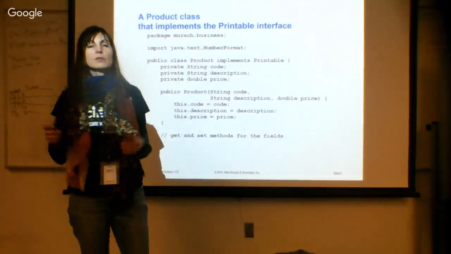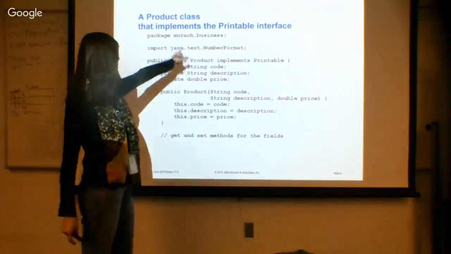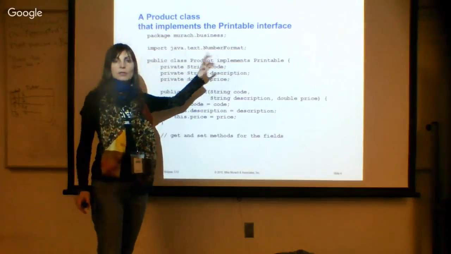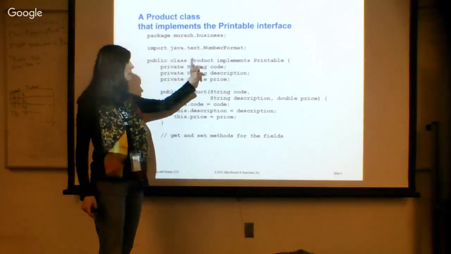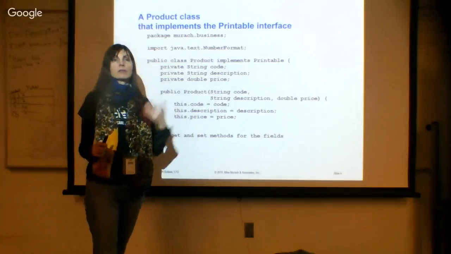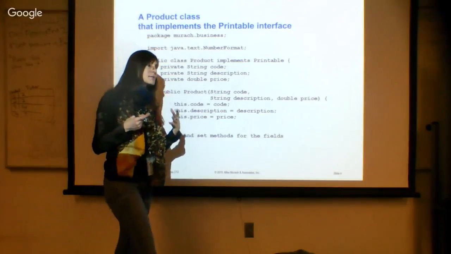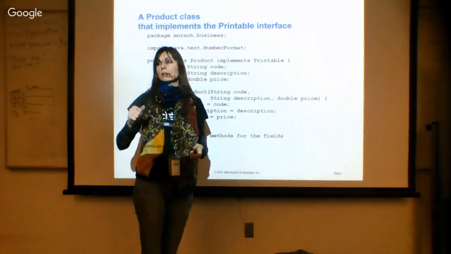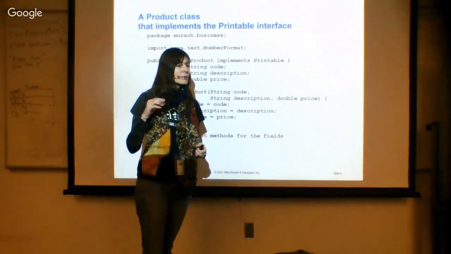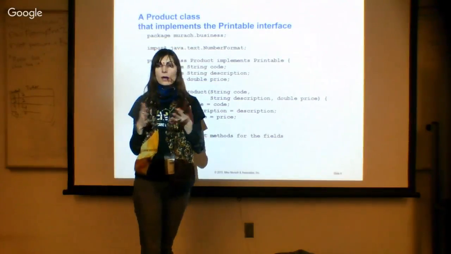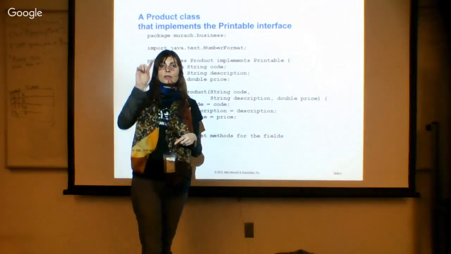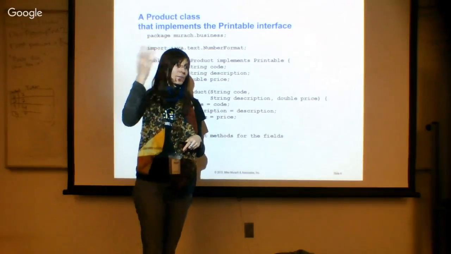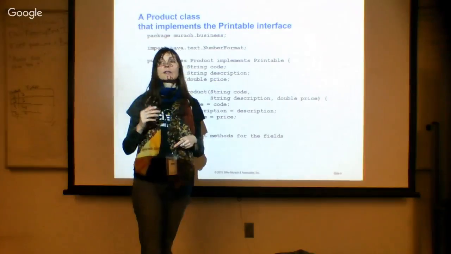Okay, so if you wanted to implement an interface, you use the implements keyword. So in this case, the product class implements a printable interface. Interface names often will end in able: printable, serializable, and so on. So that's a convention, it's not a requirement. Another convention, you can start the interface name with I to indicate that it's an interface.